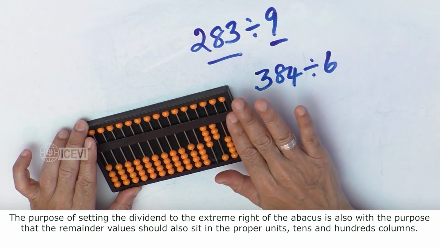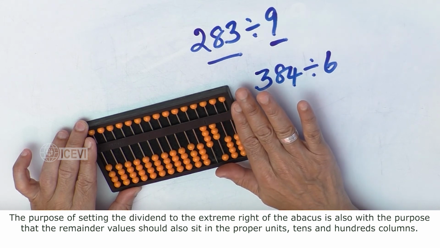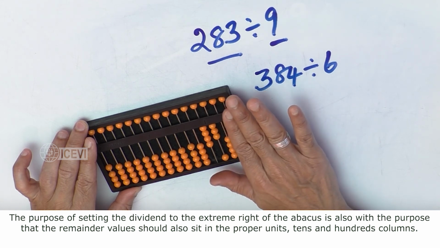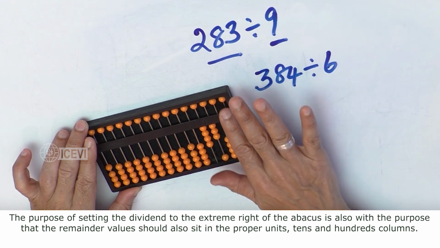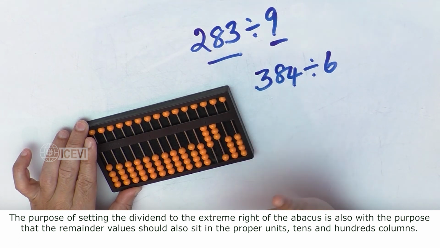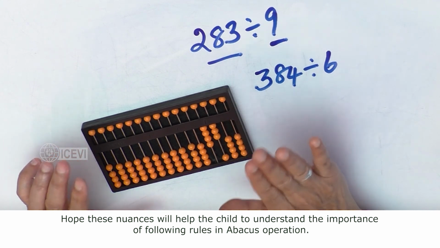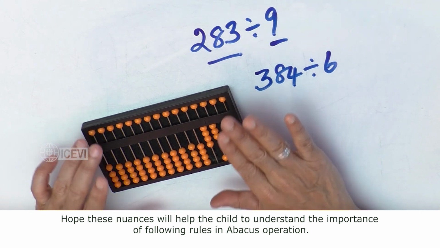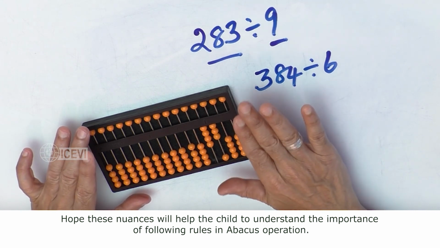The purpose of setting the dividend to the extreme right of the abacus is also with the purpose that the remainder values should also sit in the proper units, tens and hundreds columns. Hope these nuances will help the child to understand the importance of following rules in abacus operation.